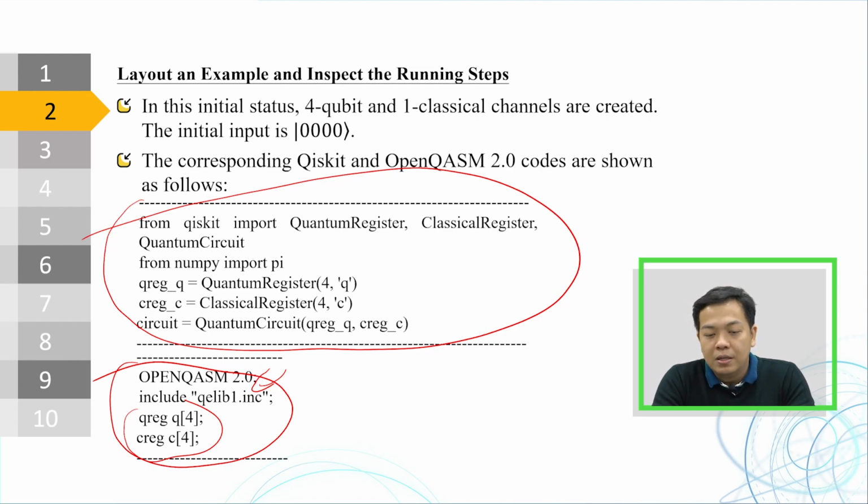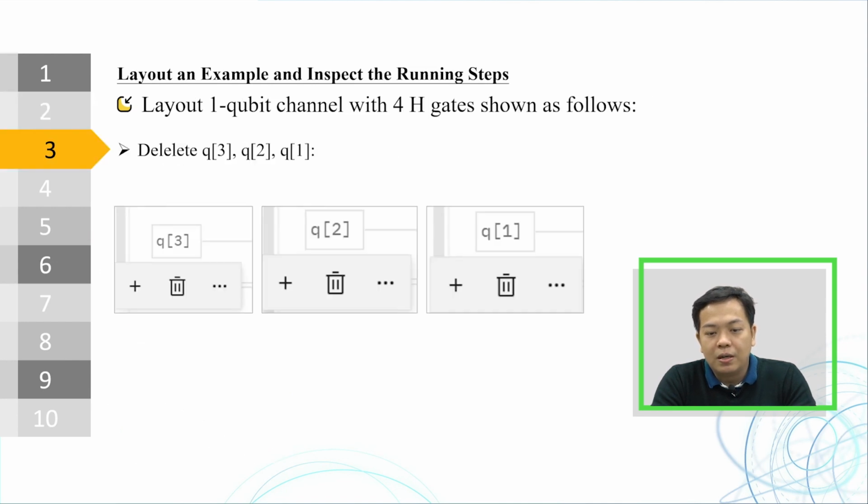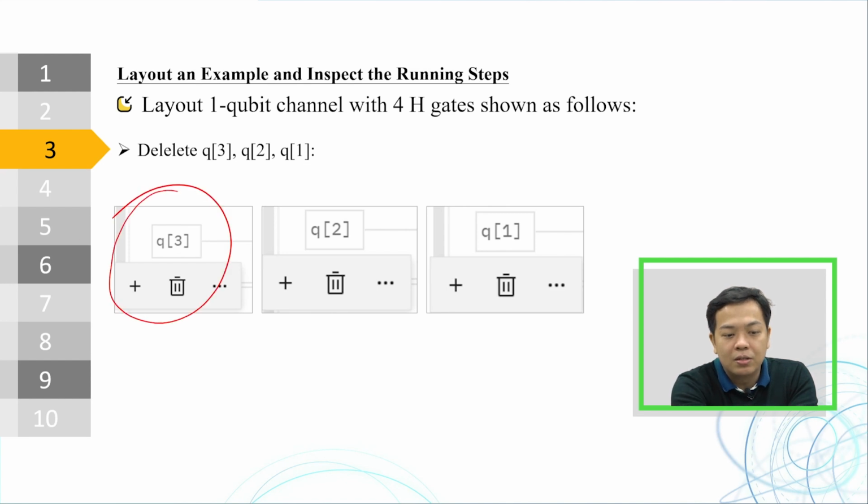Okay, to make the example easier, let's design a very simple function. You can delete 7 Q keys. You can click on each circuit line and delete it.